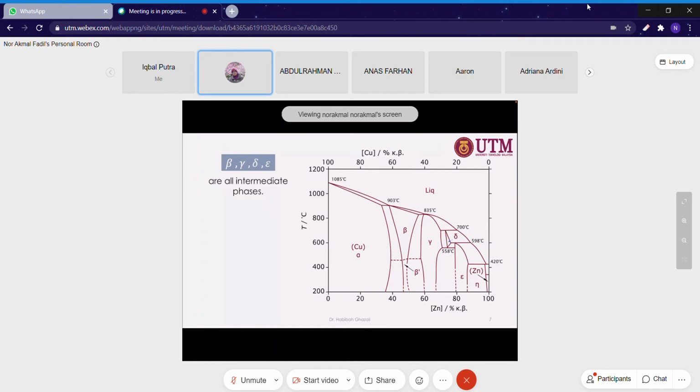These guys are in the form of solid solution. It is an intermediate phase, but not an intermetallic compound.